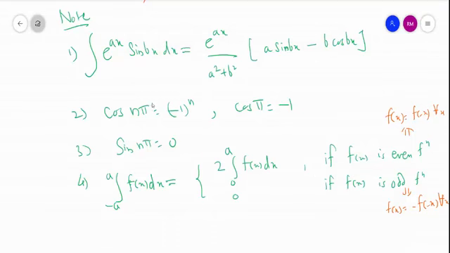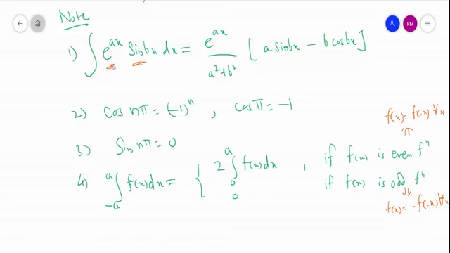While solving this problem, we should remember some notes. Though we studied these basic formulas, we have to revise them. Suppose the integration of the product of two functions, an exponential function with a sine function, e raised to ax sin bx.